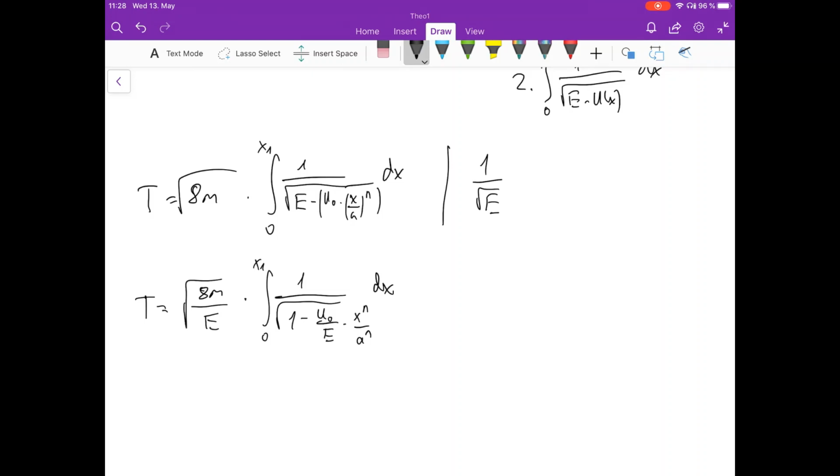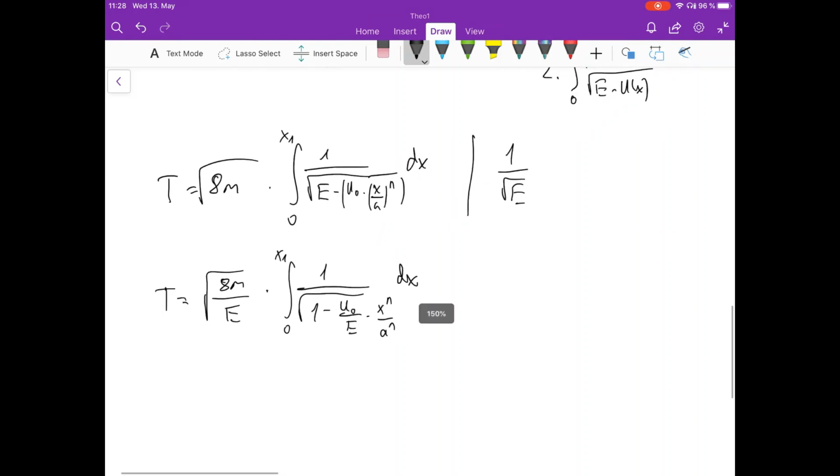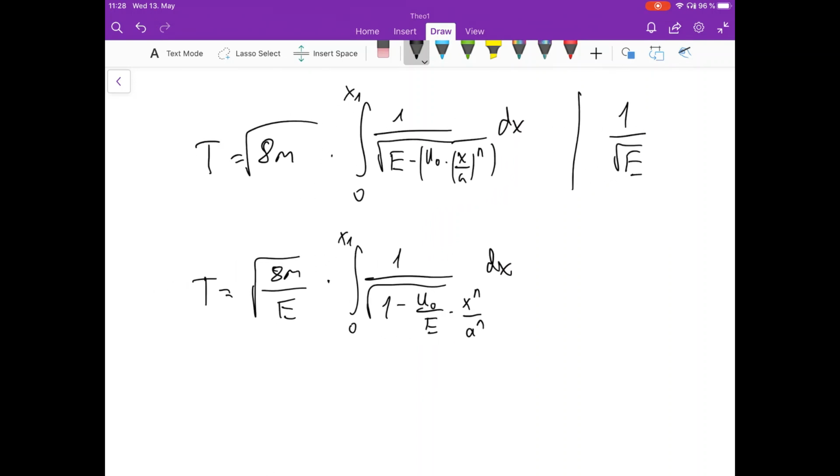Well, at this point, our friend from analysis 1, substitution, is going to help us a lot. So we want to integrate this, and we have a borderline x1. So what if I write x as a variable which is also proportional to x1?